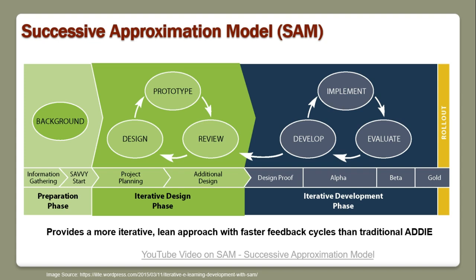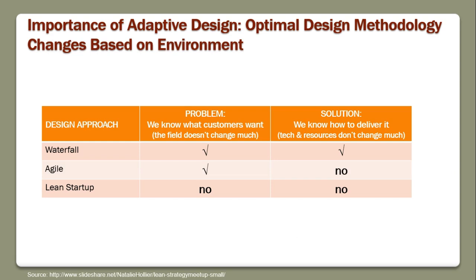So for each program, you can do the same thing where, I often will design a program and I will have significant changes in it pretty rapidly that a lot of people in academics aren't as familiar with. And part of the reason is because the optimal design methodology changes based on the environment. So if you ask 2 questions, one is, do you know what your customers want, or do you even know who your customers are?